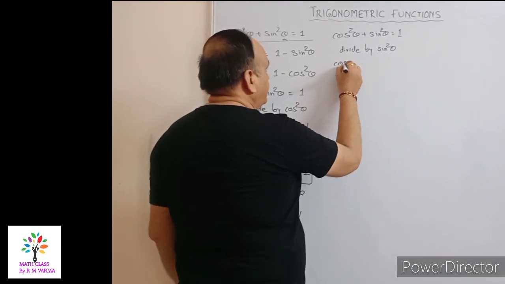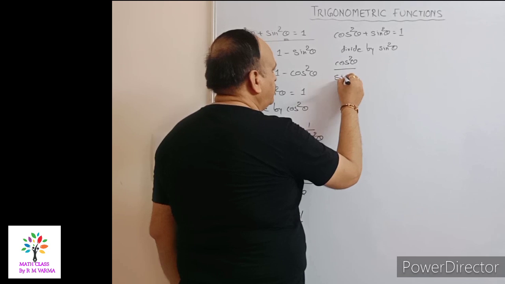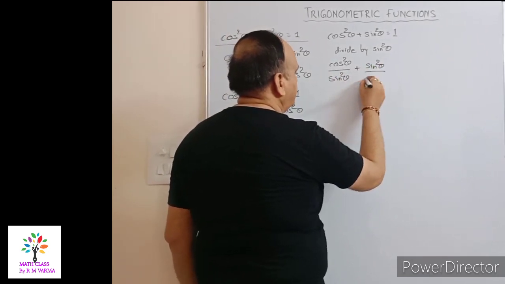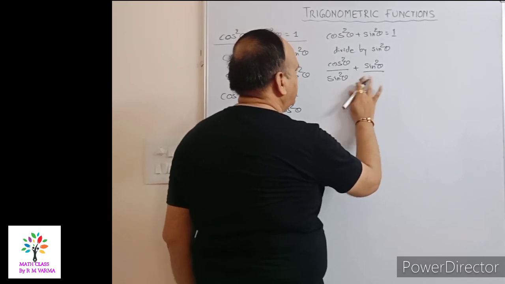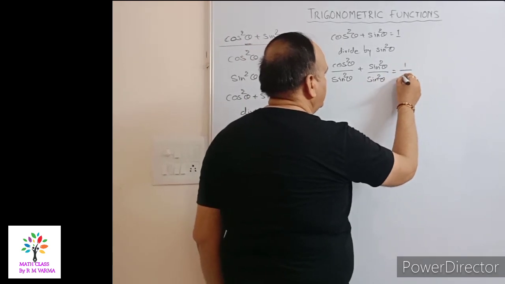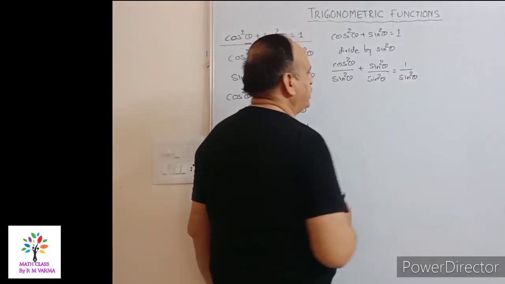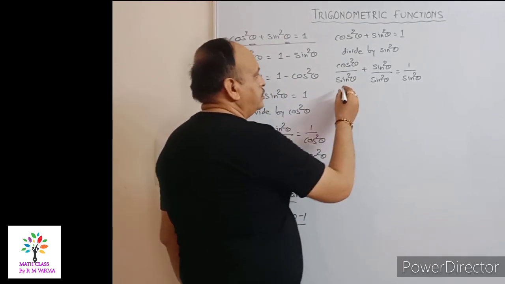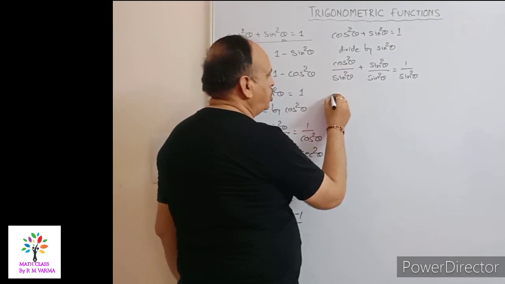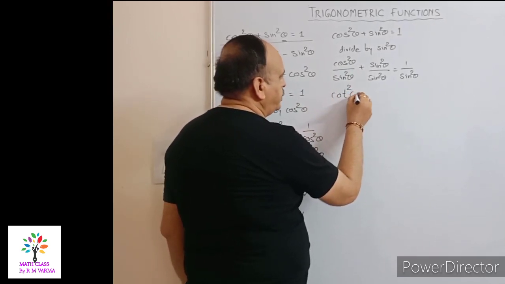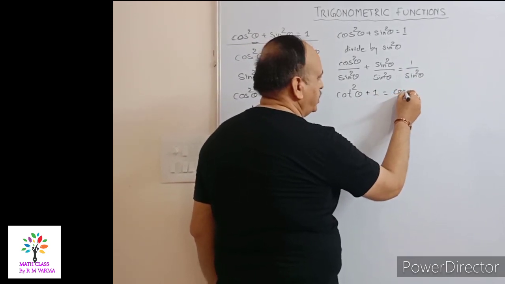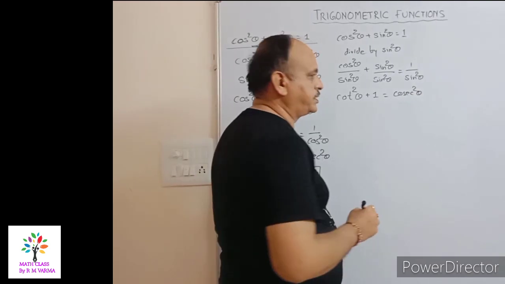That is cos square theta upon sine square theta plus sine square theta upon sine square theta equals to 1 upon sine square theta. Now sine and sine get cancelled, so it is 1. Cos upon sine is cot. So cot square theta plus 1 equals to 1 upon sine is cosec square theta.